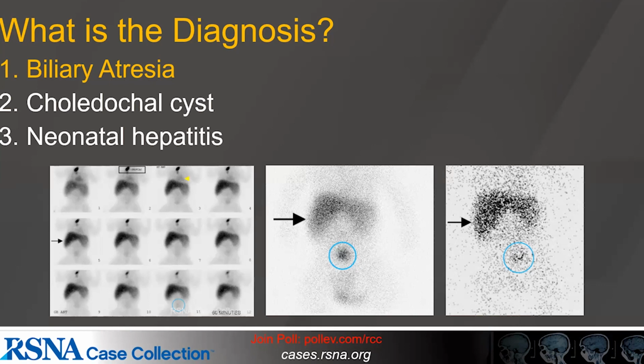Note that in cases of hepatic dysfunction, you might see renal and urinary bladder excretion, which should not be confused with bowel activity. For example, you can see in this case, which some of you may have thought is bowel, some urinary bladder activity, which we are marking with the blue circle.